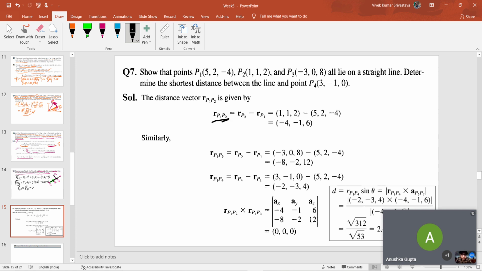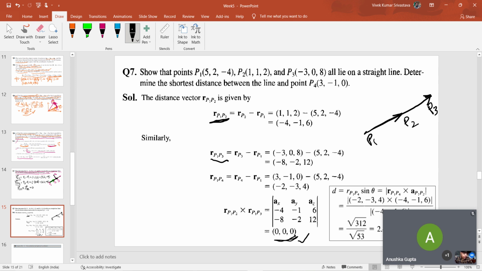First I am determining this vector between p1 and p2, and after that I am determining this vector p1 p3, and then I take the cross product. Once you take the cross product, you will see that it comes to 0. So this represents that these 3 points lie on the straight line.